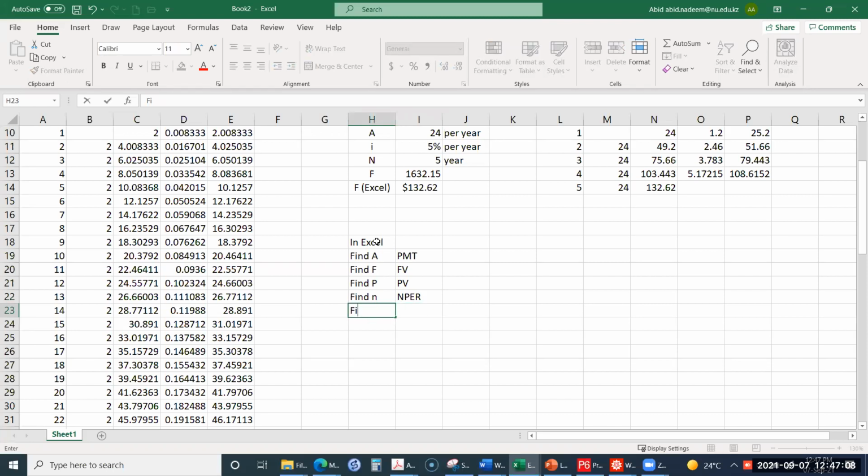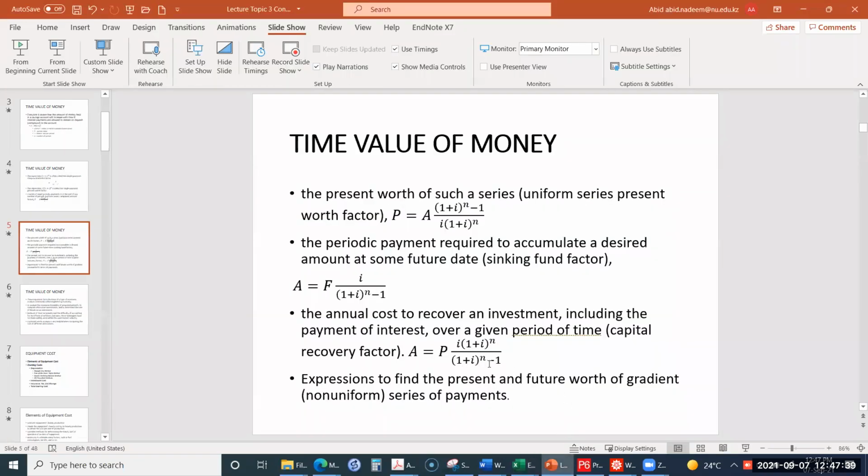And if you want to find the interest rate, you can find it by the rate function. No, rate function. IRR is for another. So these are the Excel functions which you can use. All of these Excel functions internally use these formulas. Okay.